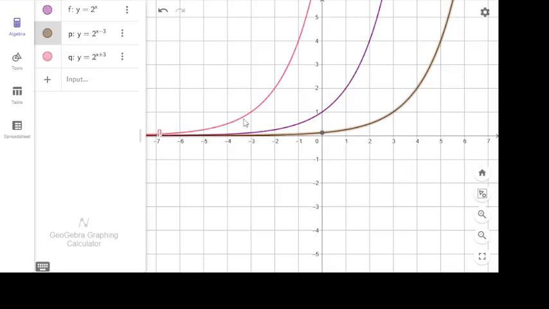And how about this one? My graph would be moved to the left 3 units. 1, 2, 3.